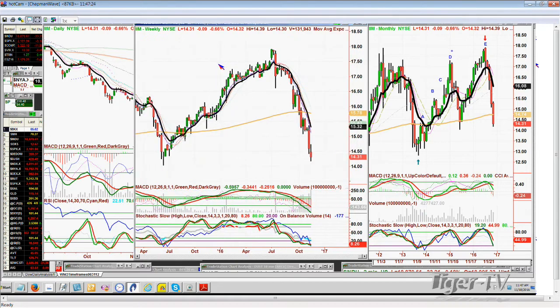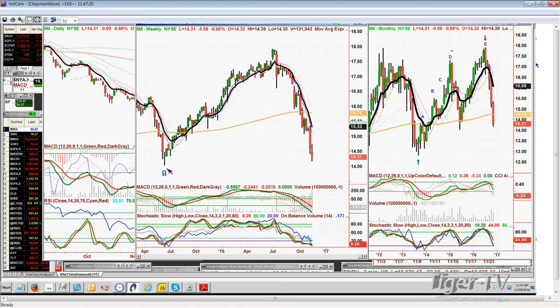So let's just put it this way. The IIM, which is the Invesco Insured Municipal Income Fund, let me just real quickly do a Chapman wave notation right here. A, B, C, D, brand new. A, B, C, D, E, and it goes to that F right there. Spikes up, goes to an F, and then plummets down.